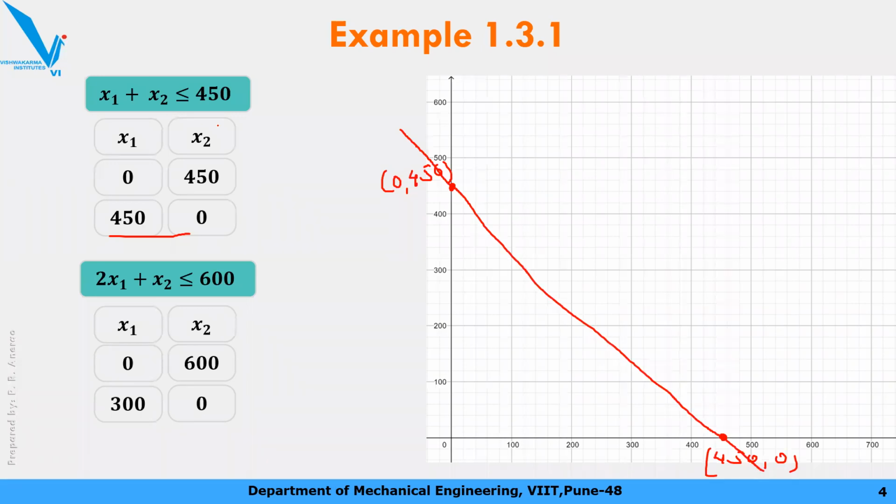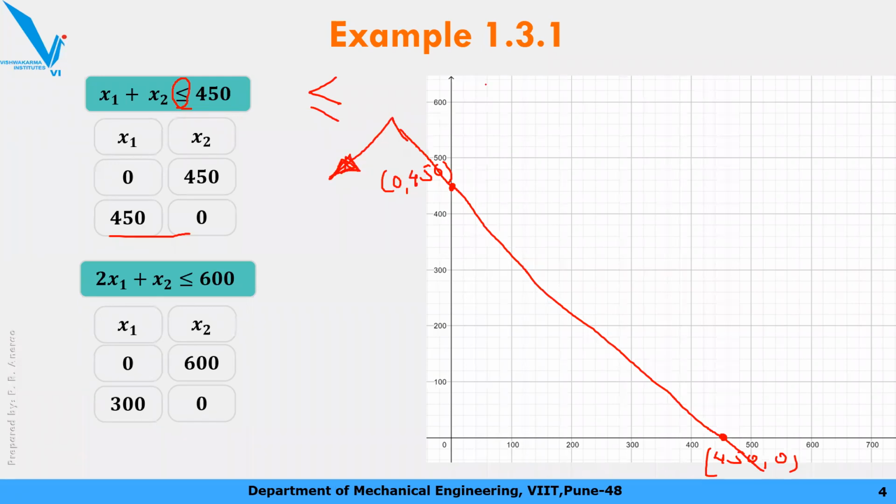Now this constraint is less than or equal to. So whenever you find a less than or equal to kind of constraint, it means your feasible region is below this line, towards the origin.